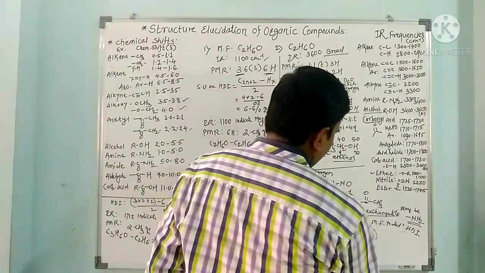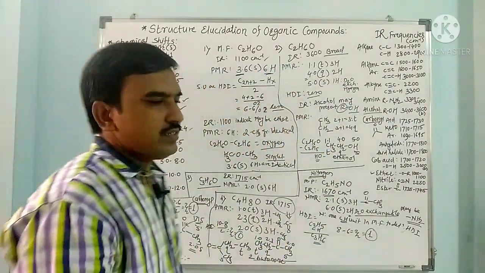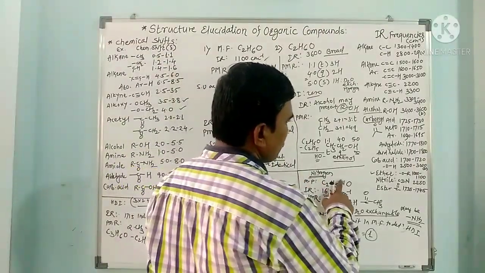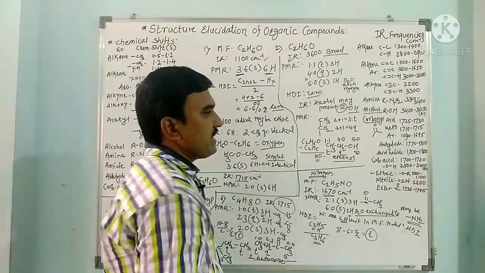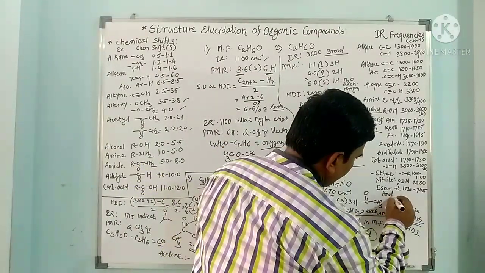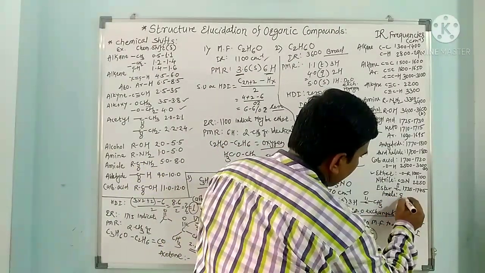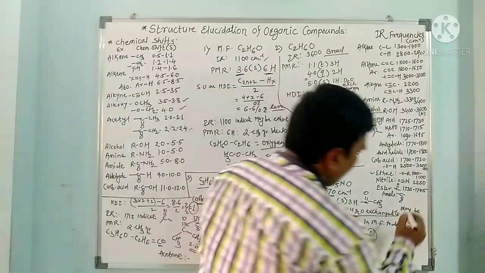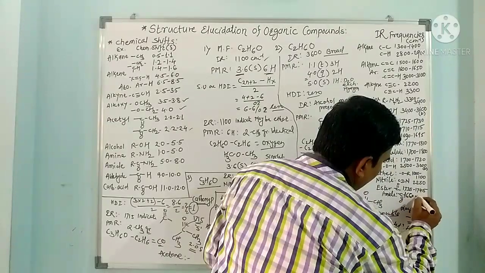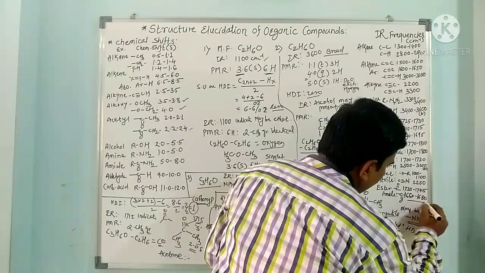From this IR, 1670 indicates carbonyl is there, but this carbonyl is due to the presence of an amide. For the amide, carbonyl is around 1660 to 1680.